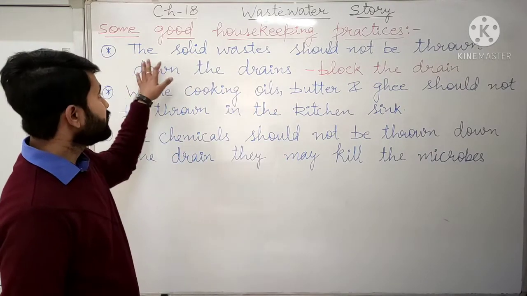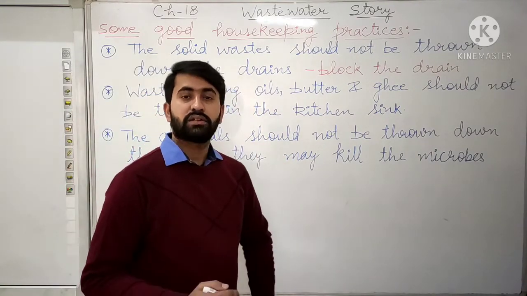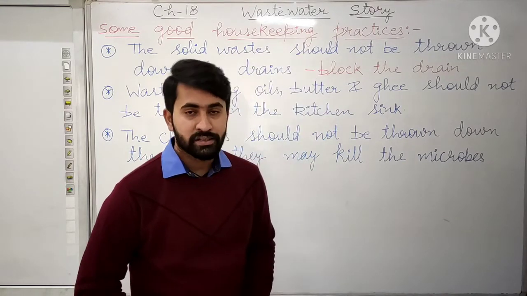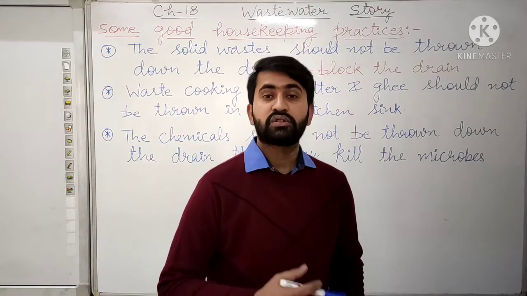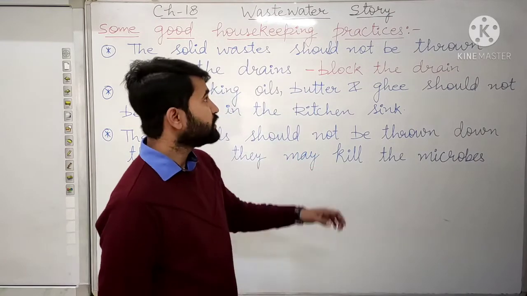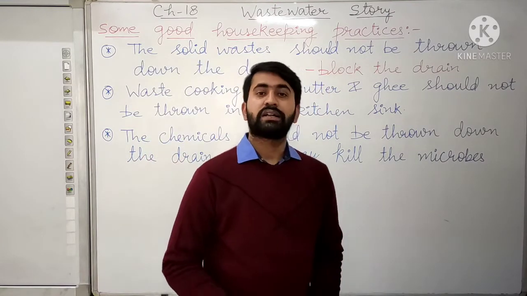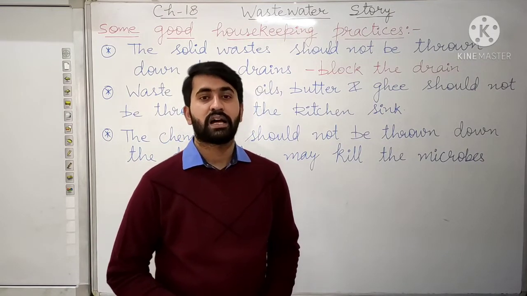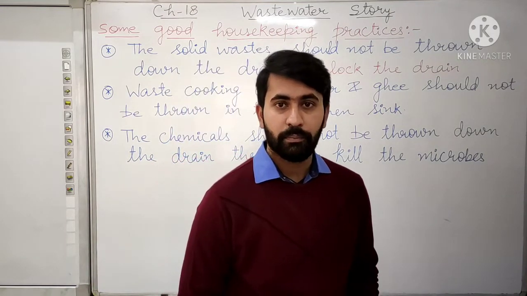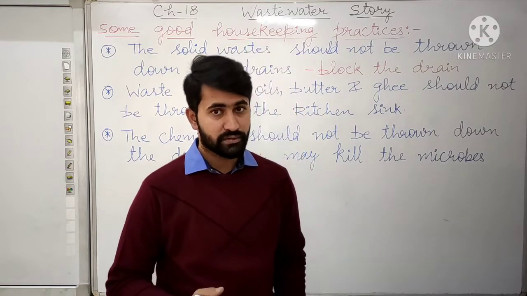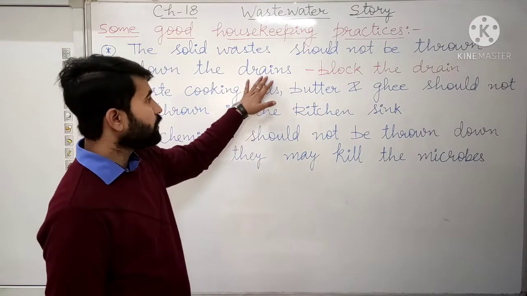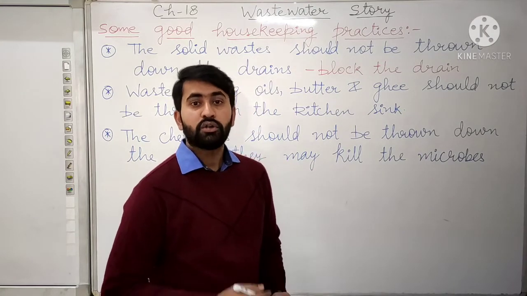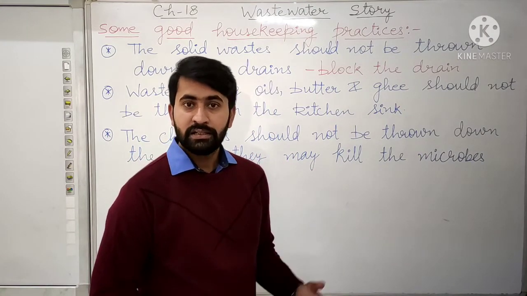the solid waste such as the food remains, sanitary napkins, polythenes, used cotton, soft toys, etc. They should not be thrown down the drain. This is because if these wastes are thrown in the pipe drains carrying wastewater, then they block the drain and do not allow the water to flow freely in the sewer.